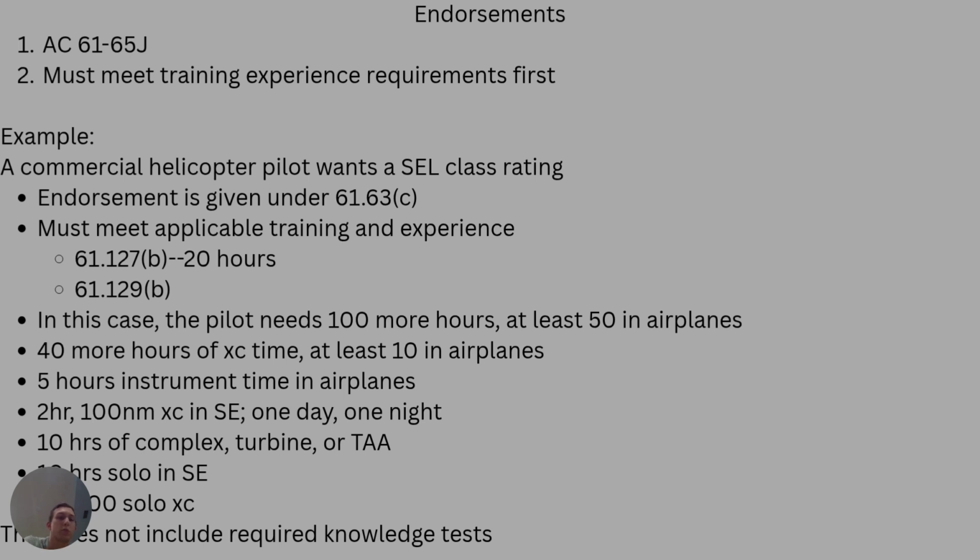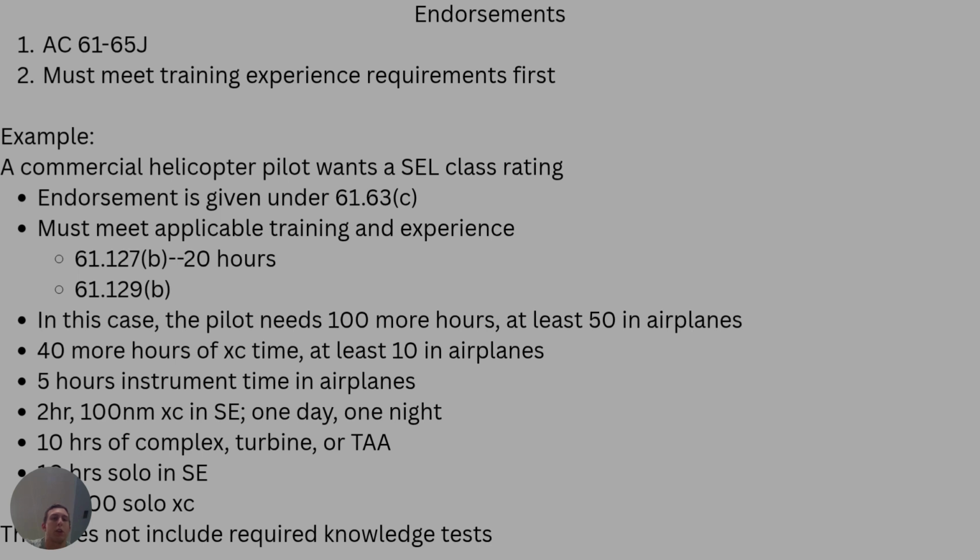Endorsements. Endorsements are going to be found in Advisory Circular 61-65J, and you must meet the previous required training and experience first. So based off those logbook entries, that's what you're trying to endorse. I use the example of a helicopter pilot who's commercially rated. He has his commercial license and his helicopter rating, and he wants a single engine class rating.